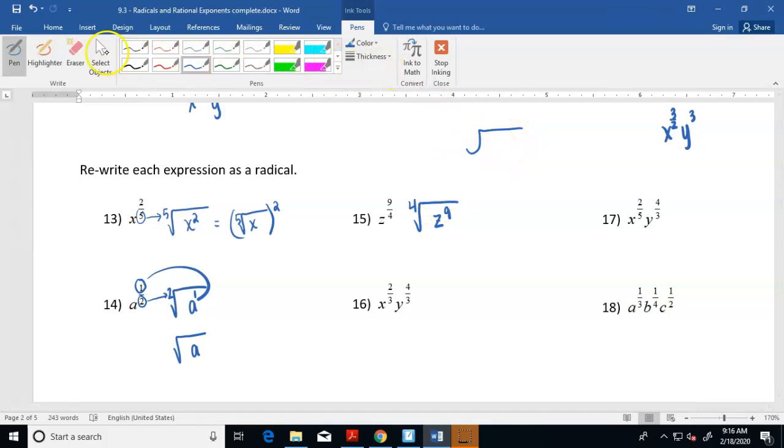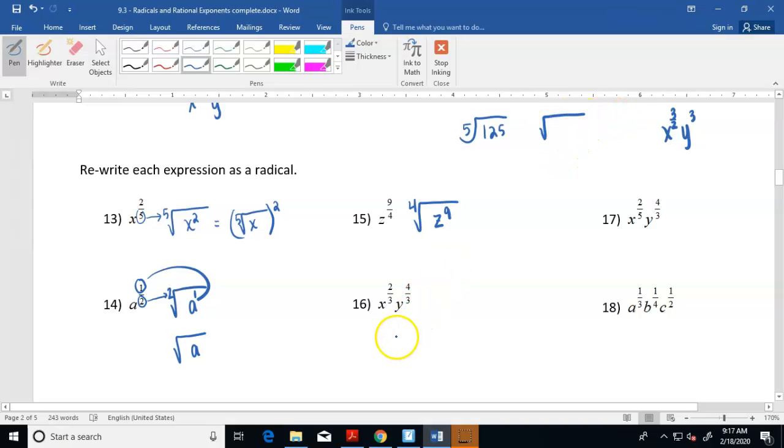Yeah. But these are roots. They're not dividends. You're not dividing. You're thinking of this symbol instead of this symbol. Like this would be like if you're doing 125 divided by 5, that's division. This is a square root here. Okay? All right. Dakota, what do we get for 16?